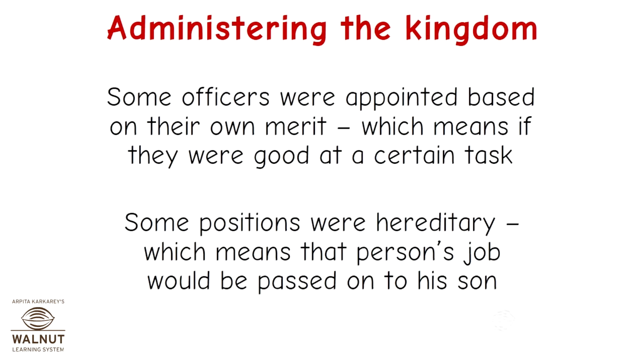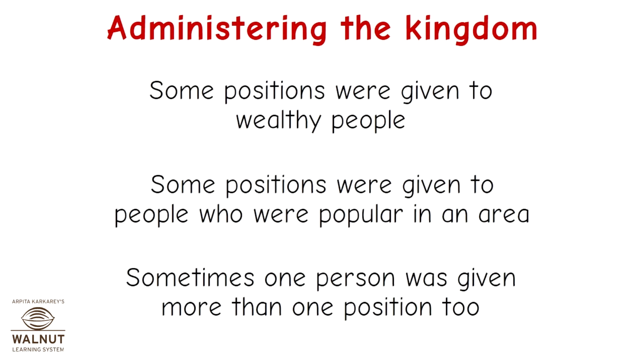Some officers were appointed based on their own merit, which means if they were good at a certain task. Some positions were hereditary, which means that person's job would be passed on to his son. Some positions were given to wealthy people. Some positions were given to people who were popular in an area.